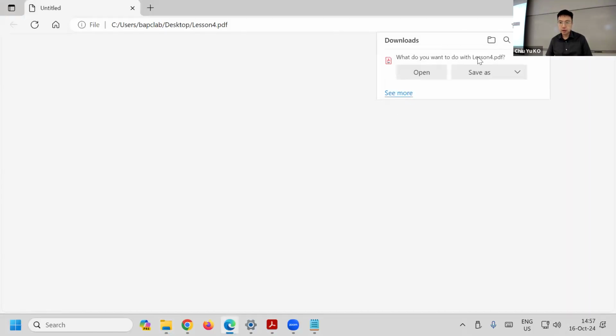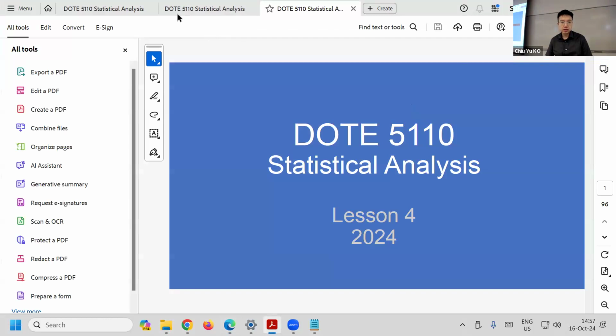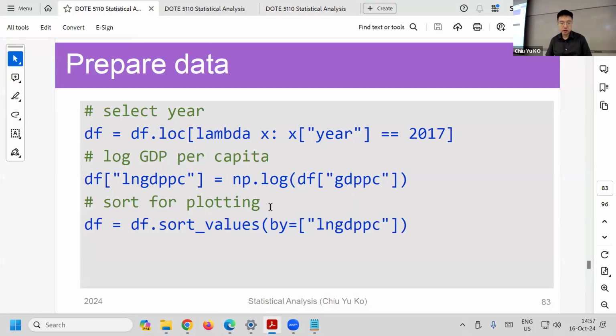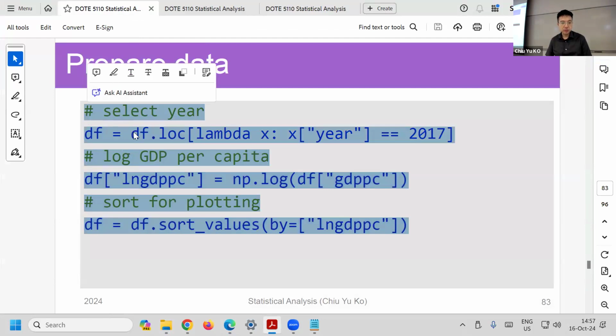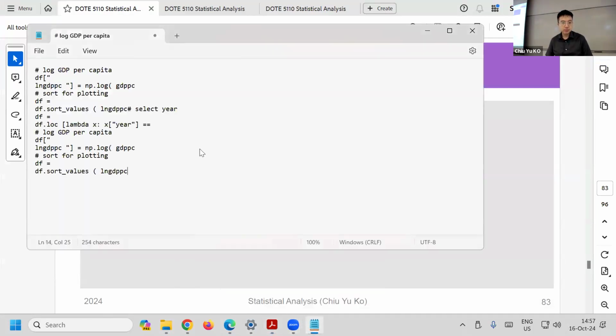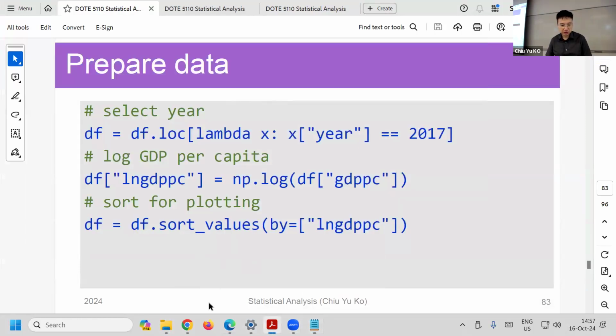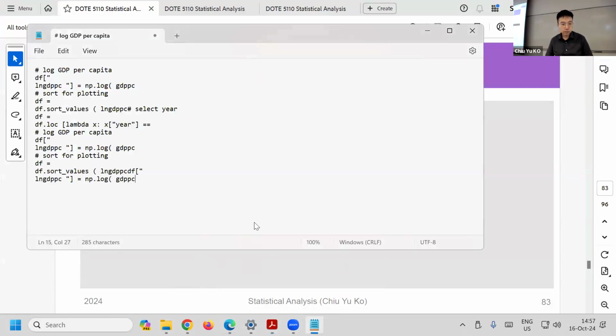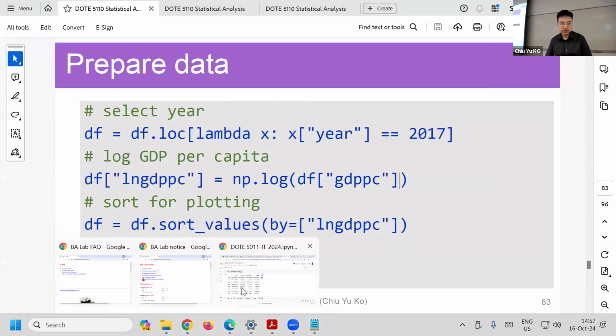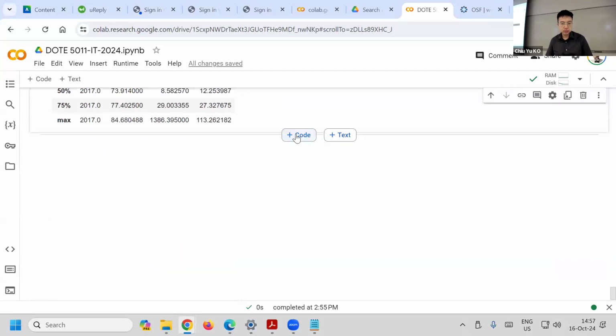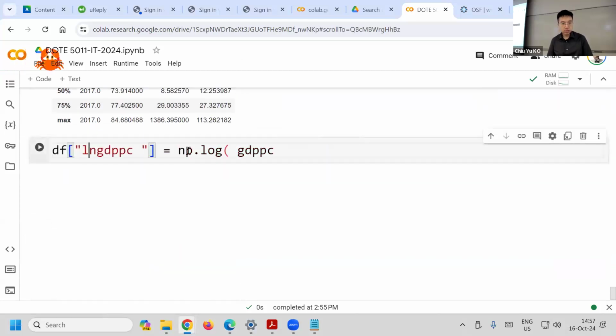Why doesn't it allow me to copy? Okay, let's type. Unfortunately, I have to type.